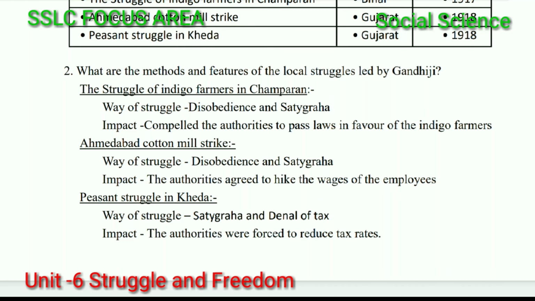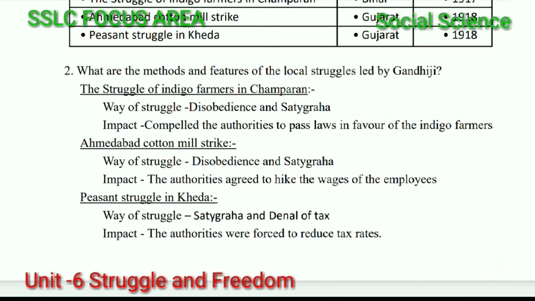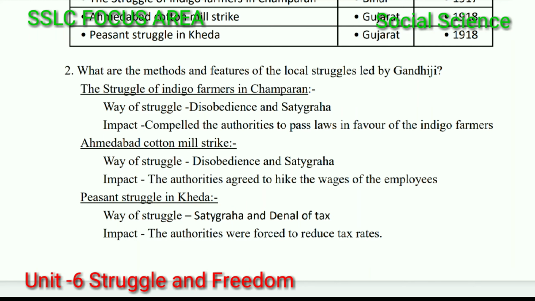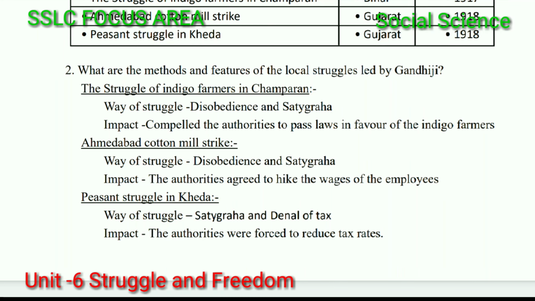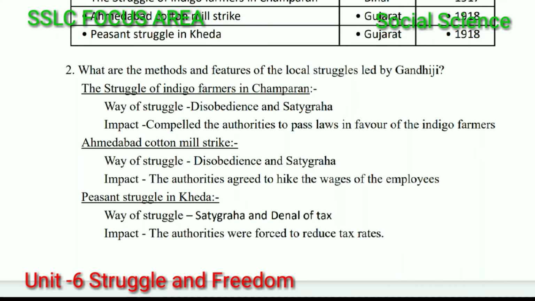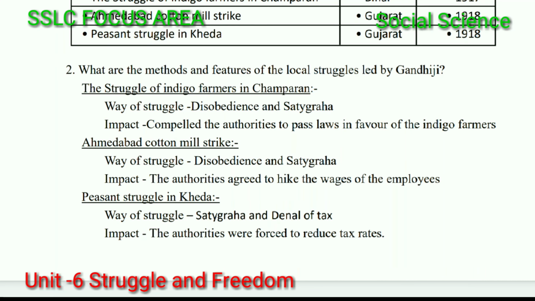Ahmedabad cotton mill strike: the way of struggle was disobedience and satyagraha. Impact: the authorities agreed to hike the wages of the employees. Peasant struggle in Kheda: the way of struggle was satyagraha and denial of tax. The impact was that the authorities were forced to reduce tax rates.